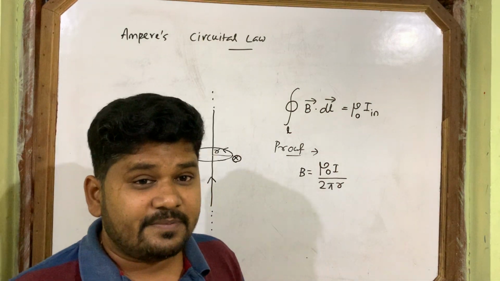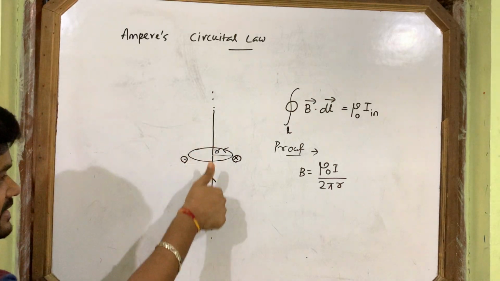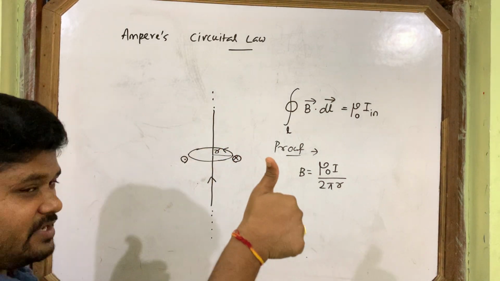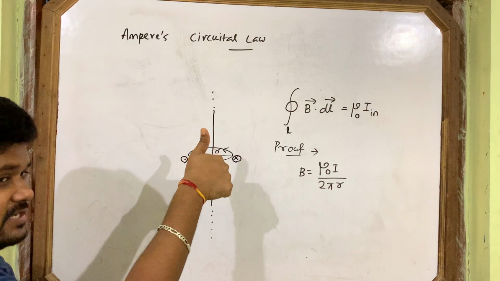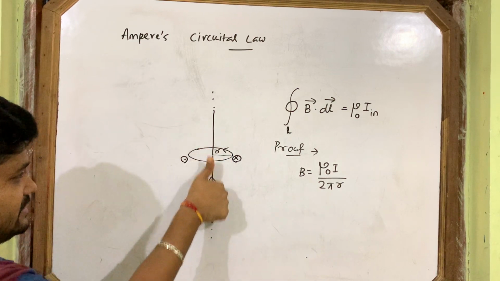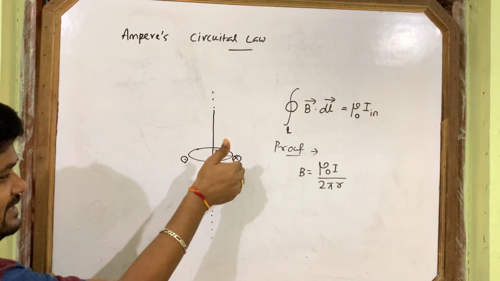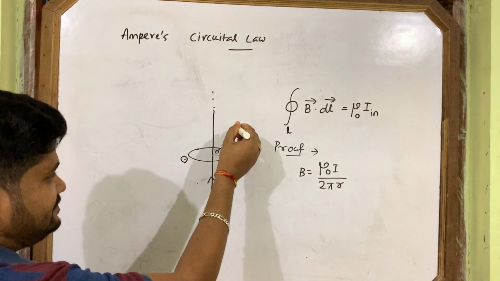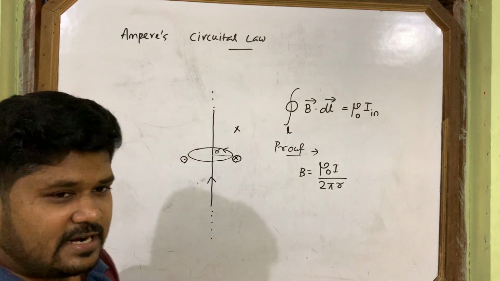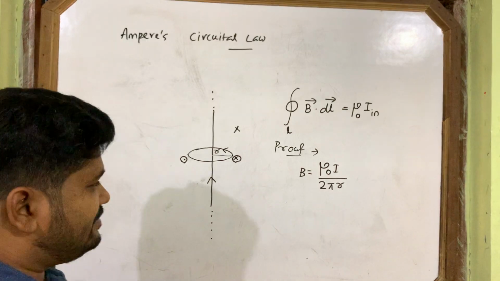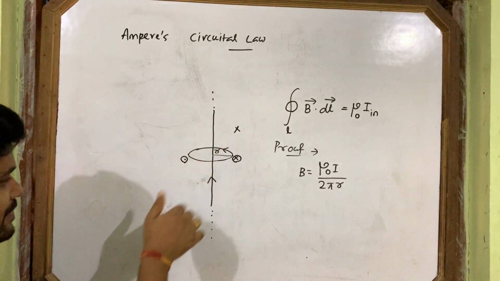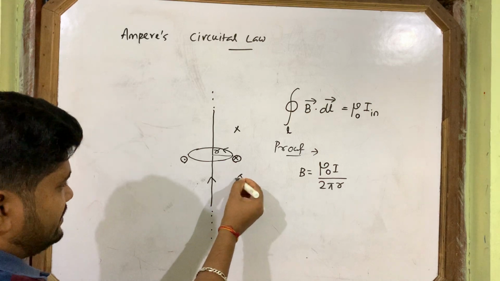And where is the direction of magnetic field? If this is the conductor, you have to keep the thumb like this. For a straight conductor, see how the direction of magnetic field will guide. If the thumb is here, then on this side the magnetic field will be inward. For every point on this side, magnetic field will be inward.